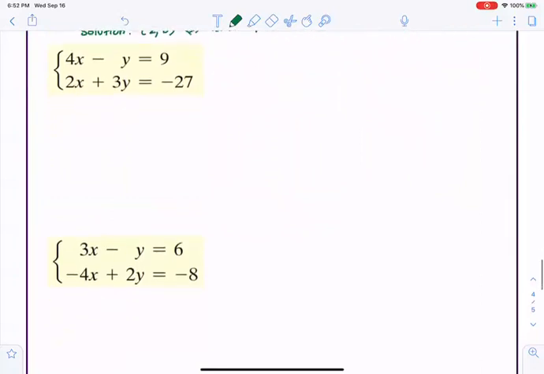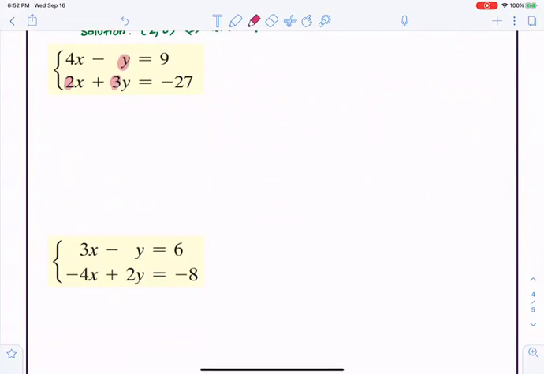So anytime we have substitution, we have to pick and choose our battles. We'd like to have an easier substitution. So the second equation looks a bit more challenging because there is a 2 here, there is a 3 there. But the first equation seems simpler because we have y by itself.